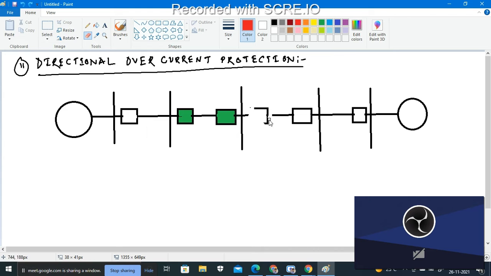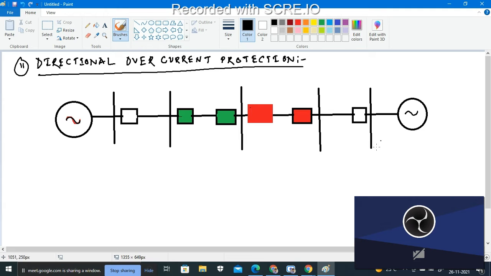So you can see this is A, this is B, this is C. It is given that this is RA, that is RB, that is RC.